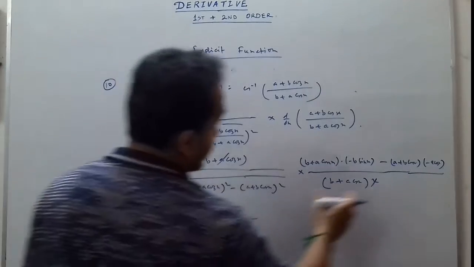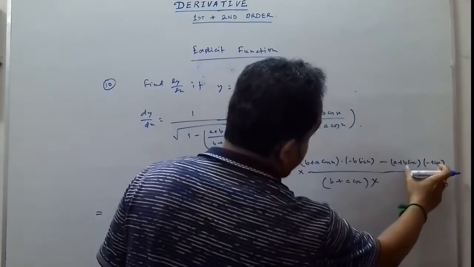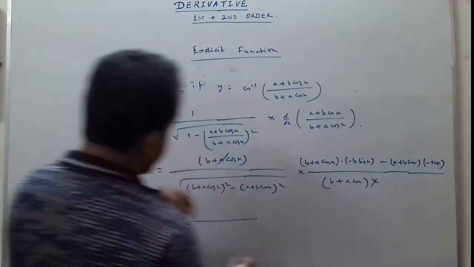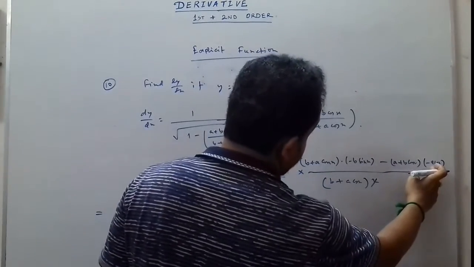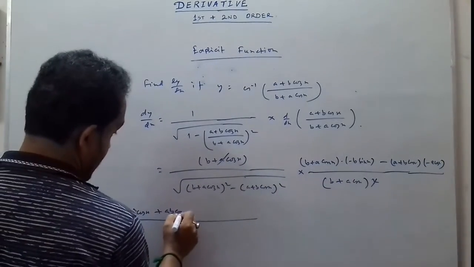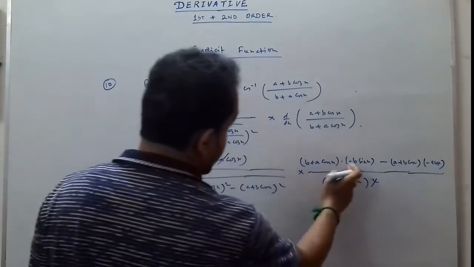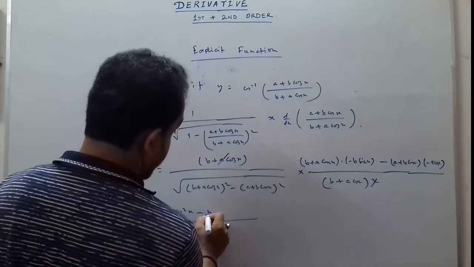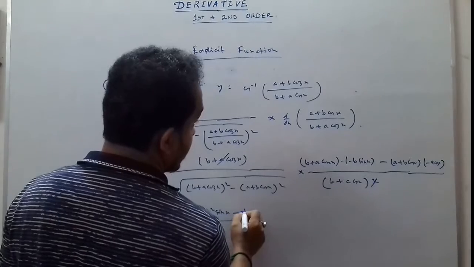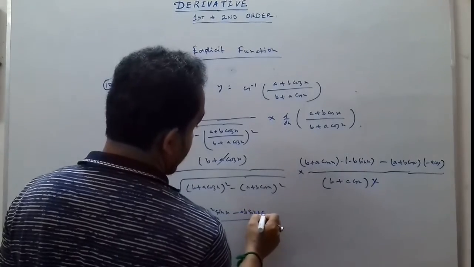First we multiply this part: a square cos x plus ab cos square x, and here minus b square sin x minus ab sin x cos x.